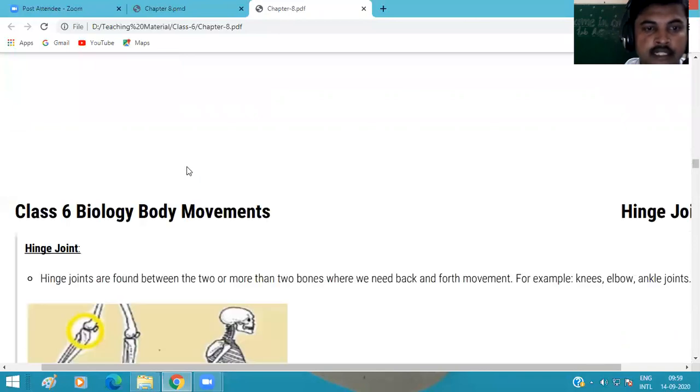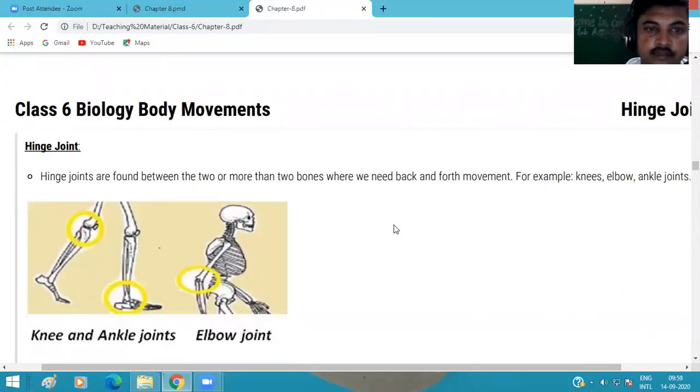And the third one, hinge joints. Hinge joints are present in different parts of the body where our bones move in only one direction. Hinge joints are found between two or more bones, where we need only back and forward direction movement. This movement is also restricted with a limit.